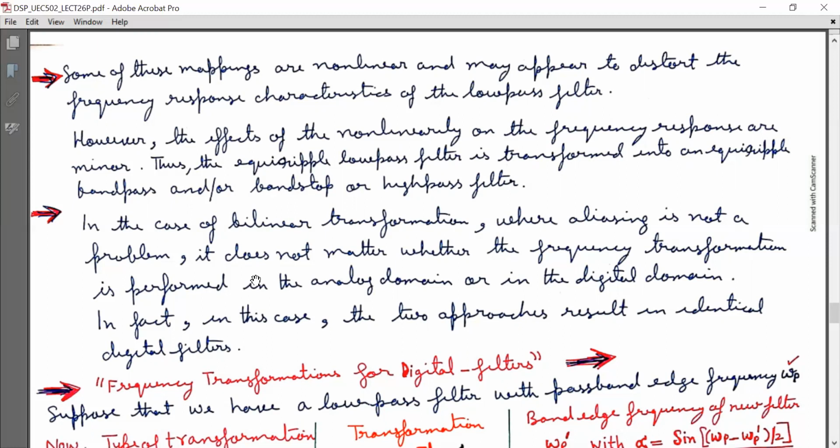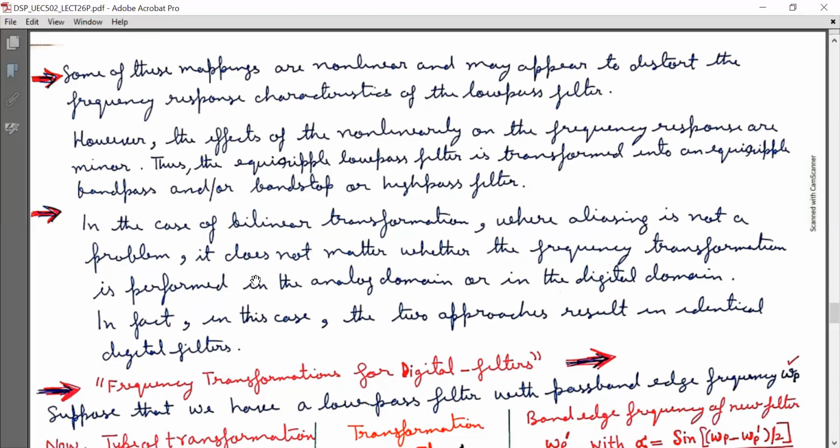Now, this is in the analog domain. For IIR filter design, we need to transform the filter from the s domain to the z domain. In the case of bilinear transformation, where aliasing is not a problem, it does not matter whether the frequency transformation is performed in the analog domain or in the digital domain. In fact, the two approaches result in identical digital filters.